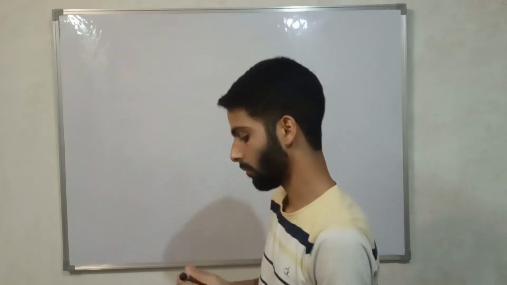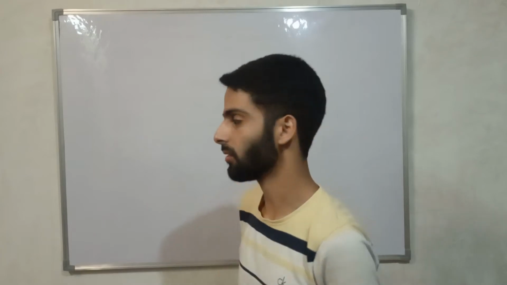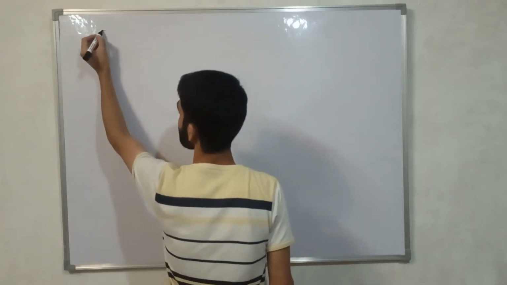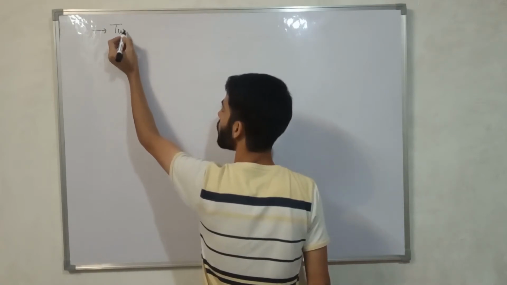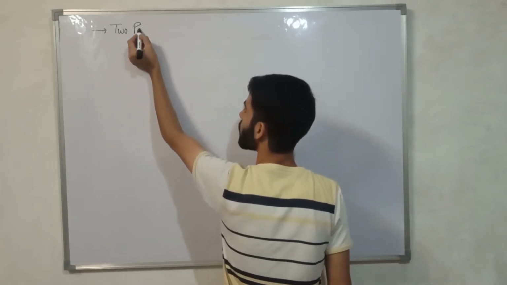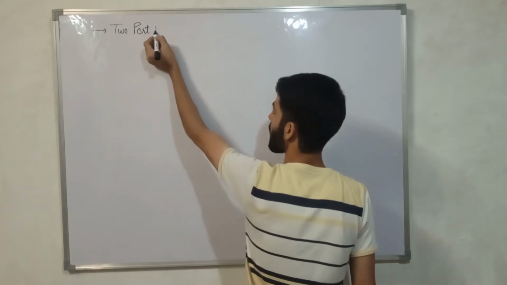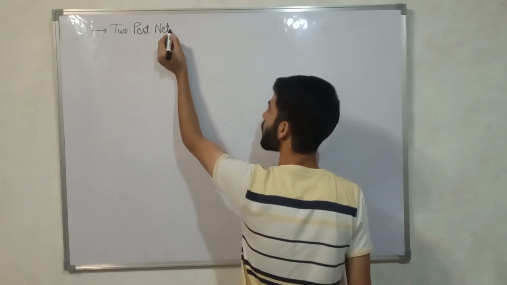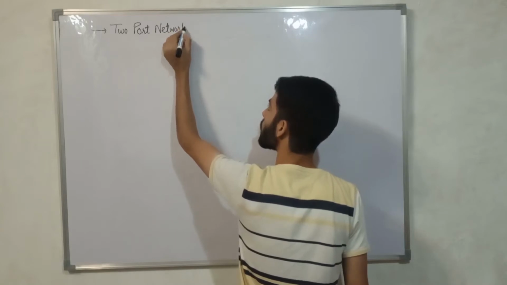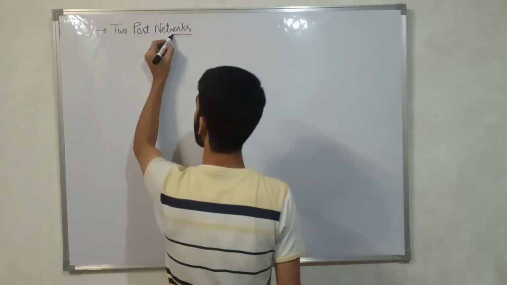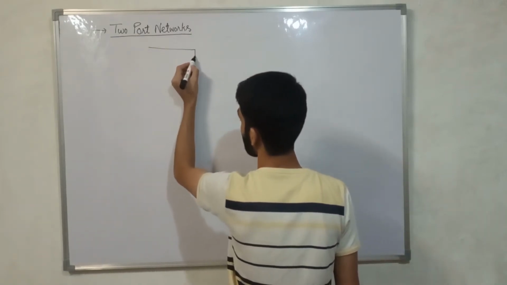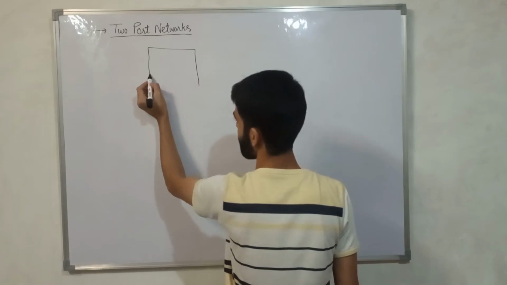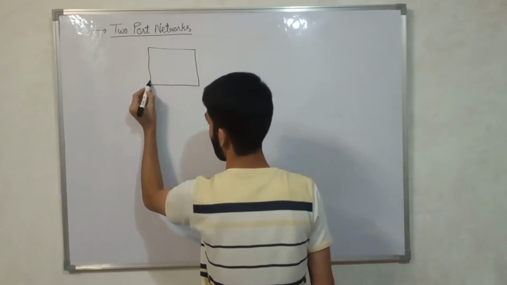Okay, let us see now what two-port networks are and how they are represented electrically. The topic is two-port networks. A two-port network is expressed like this in the form of a diagram.